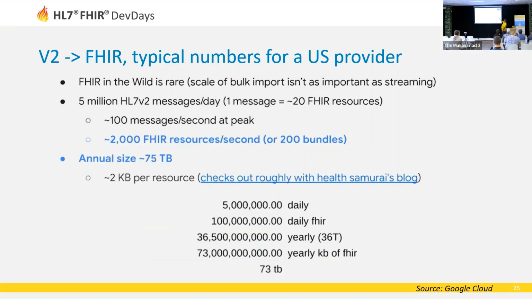This is for a typical US provider, but I found out later that this also applies to some larger Dutch hospitals that have the same numbers. If we have 5 million V2 messages per day, then that equates to 100 million resources, which happens to be 73 terabyte of FHIR resources.